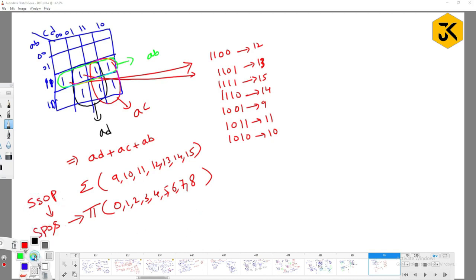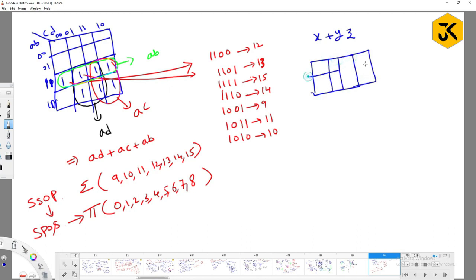See, if you are going to have an expression like x plus yz, how can we represent it in the form of a K-map? How many variable K-map do you require? A 3 variable K-map is required, okay? That is x, y, z, with 0 0, 0 1, 1 1, 1 0 and 0, 1.